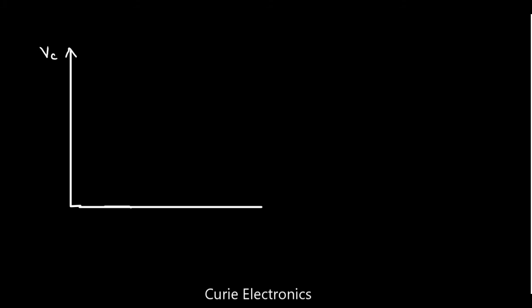So on the y-axis we have voltage across the capacitor, that is Vc, and on the x-axis what do we have? We have time. Now we'll draw the graph.